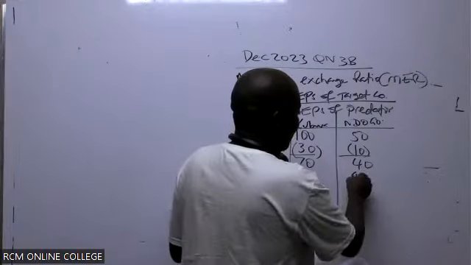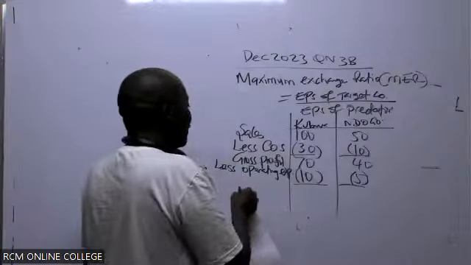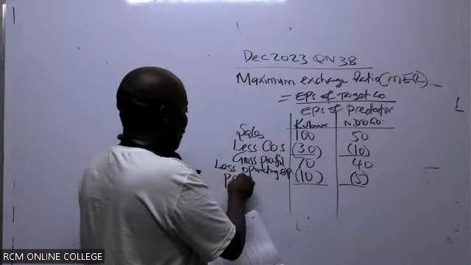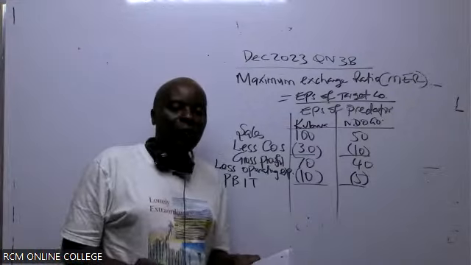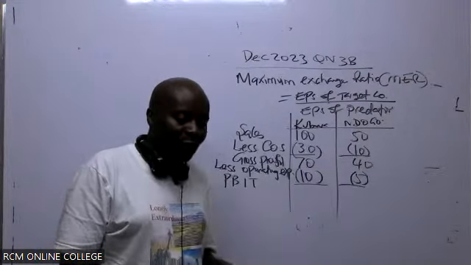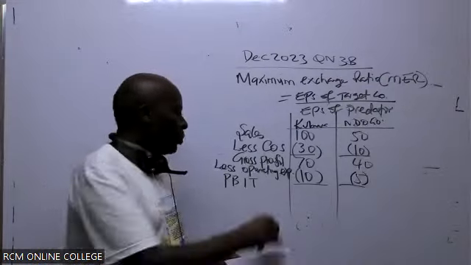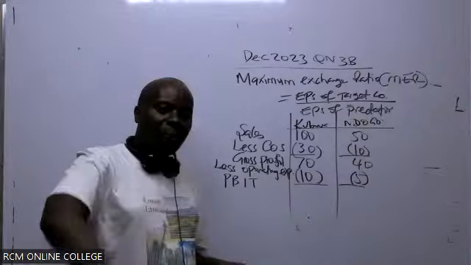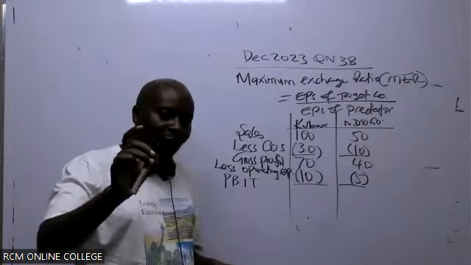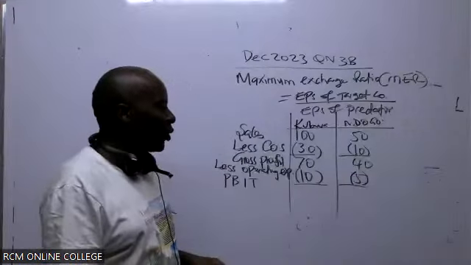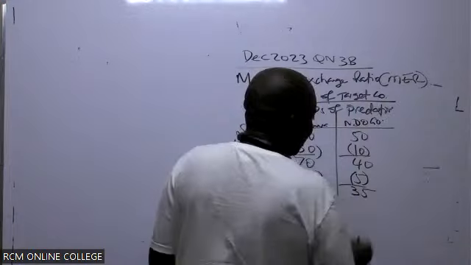Once you subtract like this, you get profit before interest and taxation, because you have wiped away all the other expenses except interest or finance cost and taxation. This gives me 60 here and 35 here.